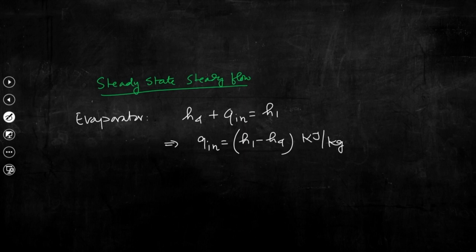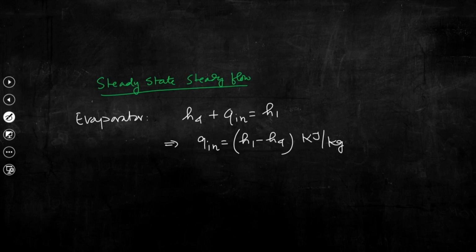Now, this much amount of heat the evaporator is taking per kg of refrigerant flow, at the cost of some input energy, and that input energy is the work input to the compressor.